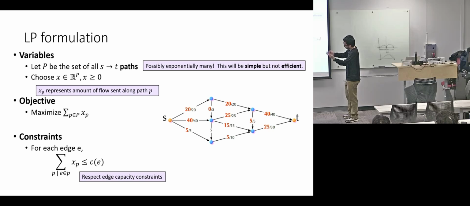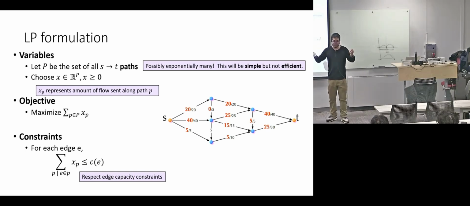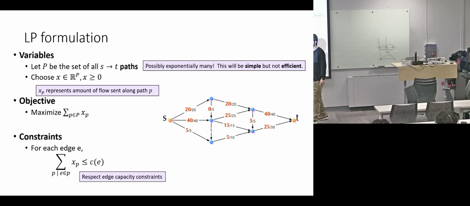And this actually already captures what max flow is. To see this, you use the fact that all you care about in flow is just that you can think of it as a combination of ST paths. So it's just about packing as many ST paths as possible. You want to maximize the value on ST paths, as long as you pack them and it respects the capacity on every edge. And we don't need to worry about conservation because for each xp, the flow just remains the same.